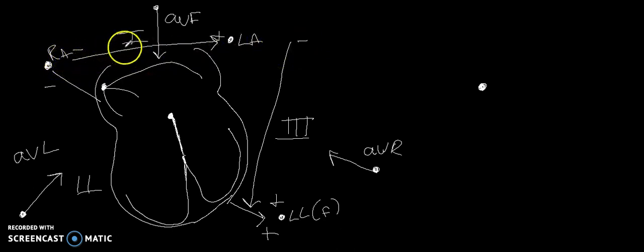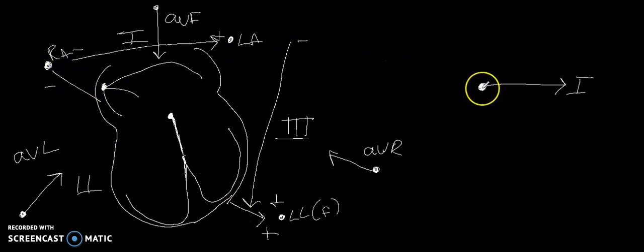I'm going to take lead 1, pick it up, and put it over here, and touch it down so that its negative end is in the center of the heart. There. I'm going to draw it like that. There. Lead 1.